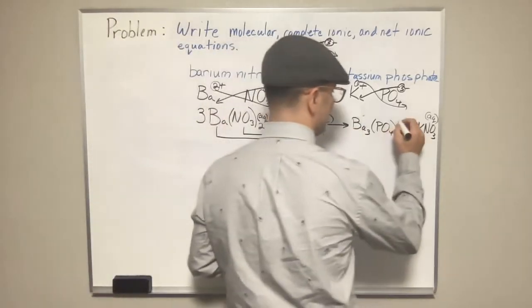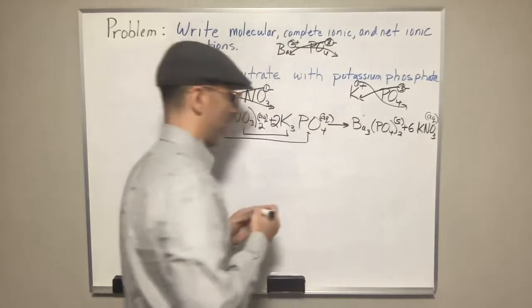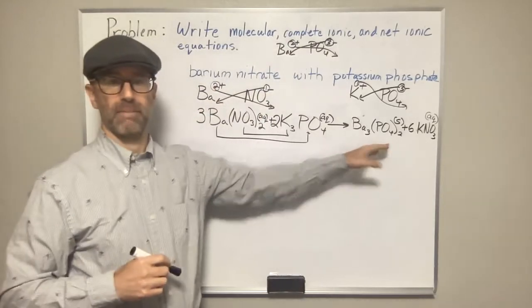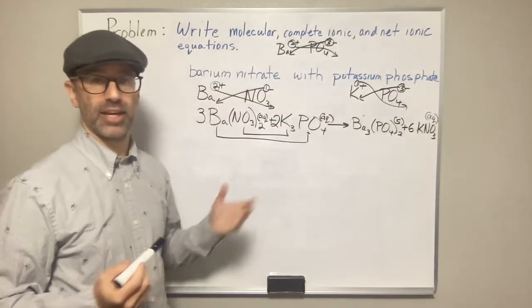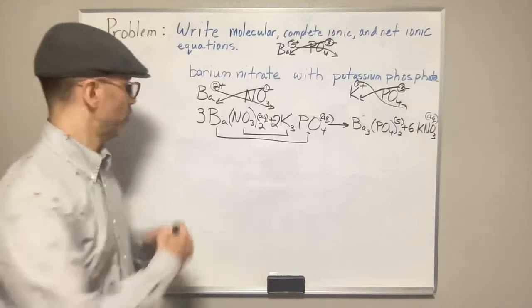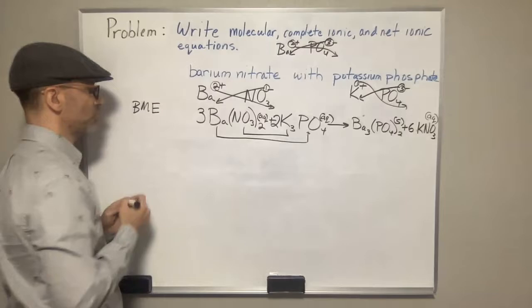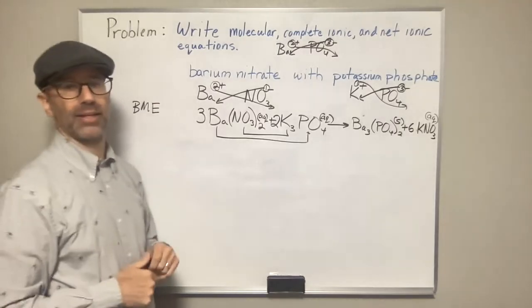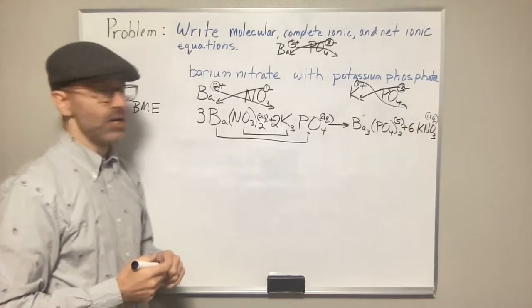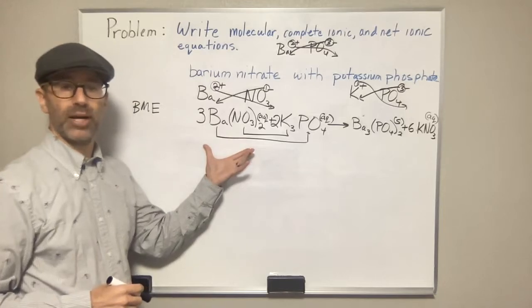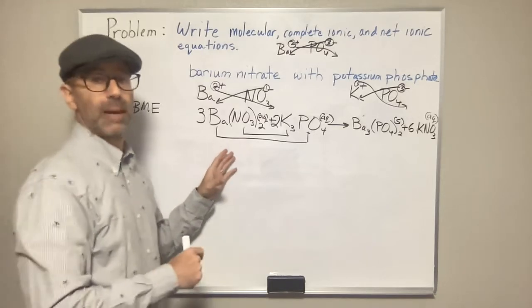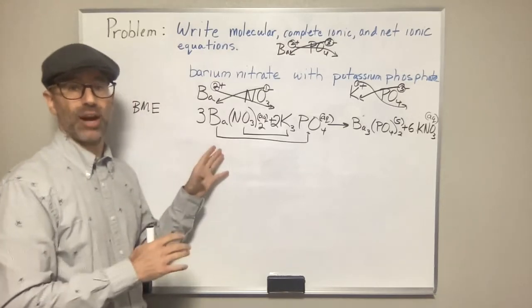That means it's a solid. So we have a precipitate. Now that we have everything laid out, we have our balanced molecular equation. So this is our balanced molecular equation. Now we're going to have to write the complete ionic equation. When we write the complete ionic equation, all we're doing is separating any of the ions that are aqueous.